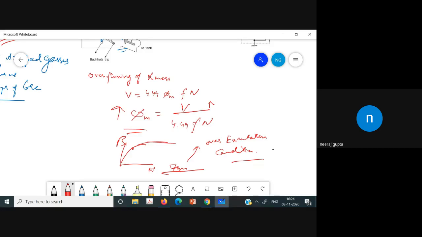This increases the core losses and gives rise to overheating of the transformer.